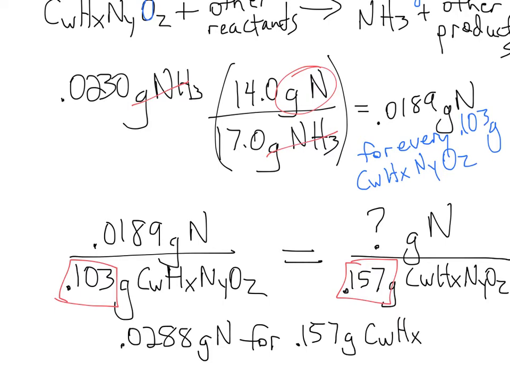That's a small but very important step going forward, and easy to get tripped up on that. So now we finally have masses that are consistent for each of the elements within the unknown.